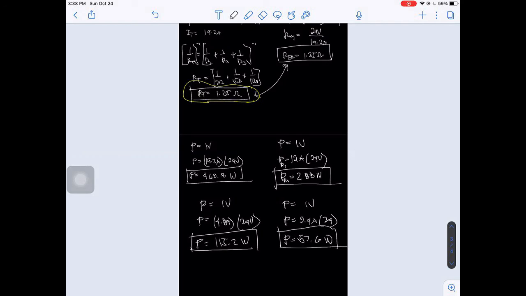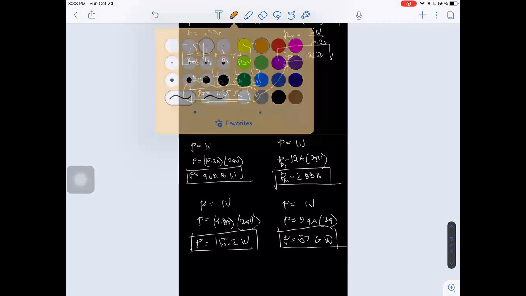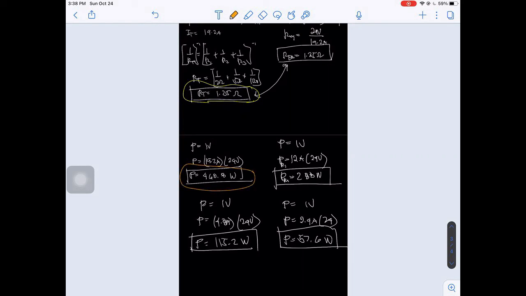Notice that if we add these three powers that are absorbed by each resistor, it will add up to 460.8 watts as the total power, or the power that is delivered from the battery.